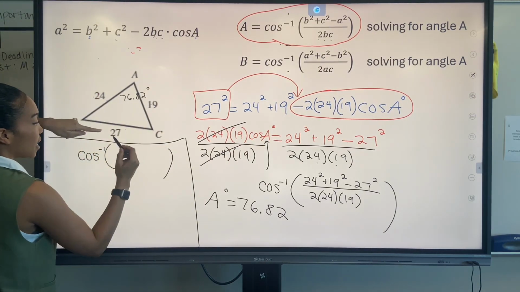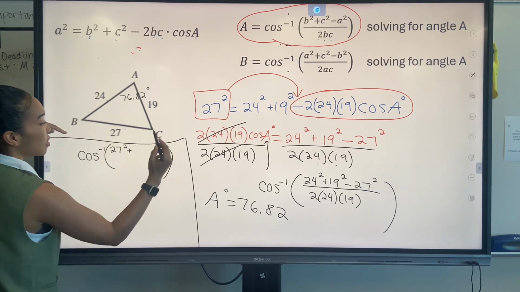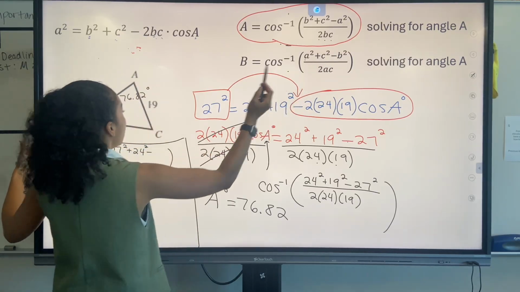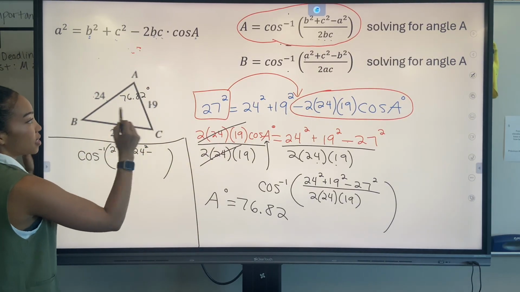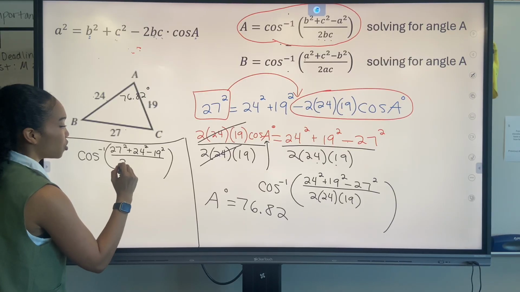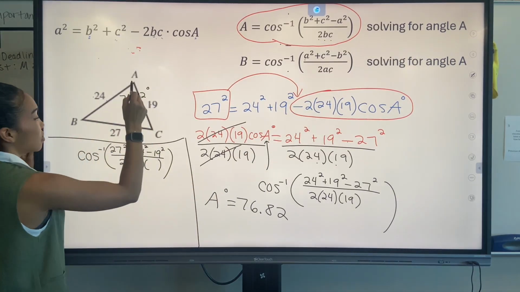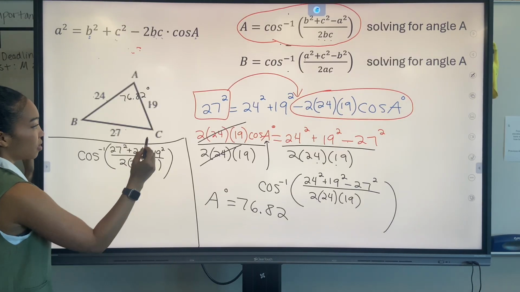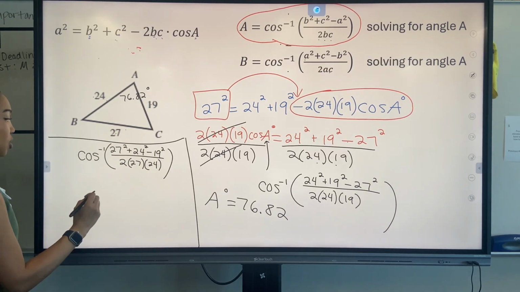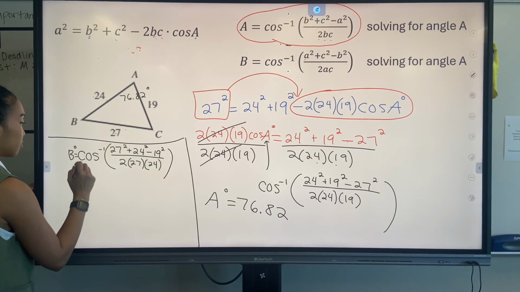So side A is 27 squared and side C is 24 squared minus side B squared. Side B is 19, so 19 squared over 2 times AC. Side A is 27, side C is 24. All right, so type that into your calculator and you will get angle B.